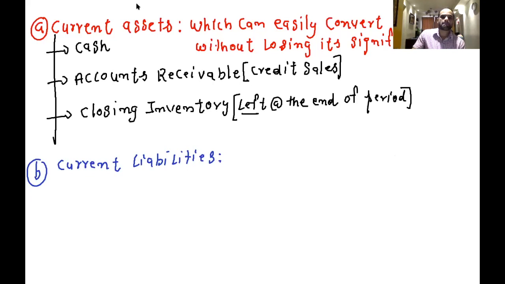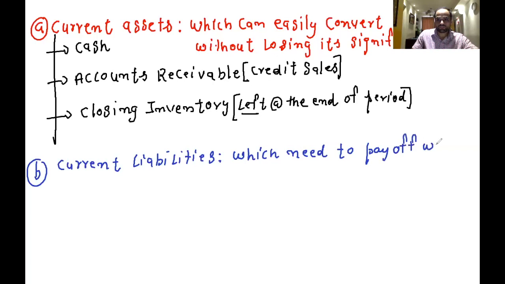Current liability means any kind of liability which is due within a year, or we need to pay off within a year, right? Within a year, all right? So that's why we call them current liability. Also call it short-term liability, all right?